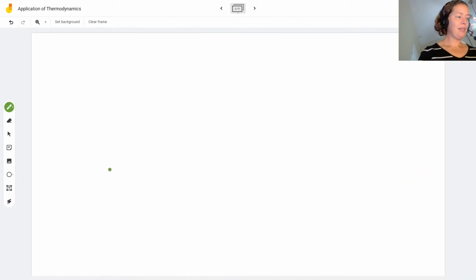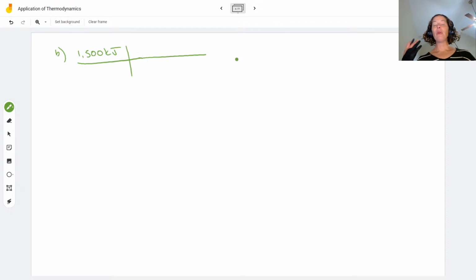Okay, so let's go ahead and do that. Just like before, this is just a dimensional analysis problem. That's all we're doing. It feels like it should be more than that, but it's not. I'm just going to make sure that my units cancel. We wanted to get out 1,500 kilojoules of energy.